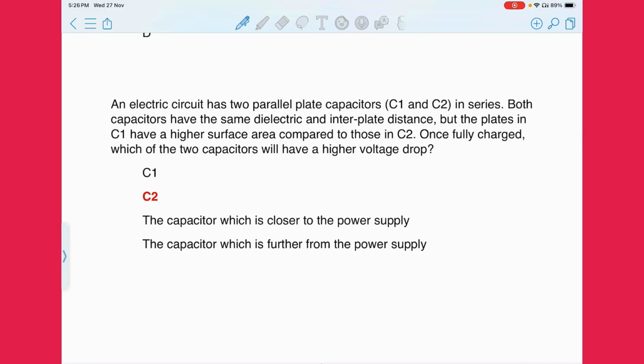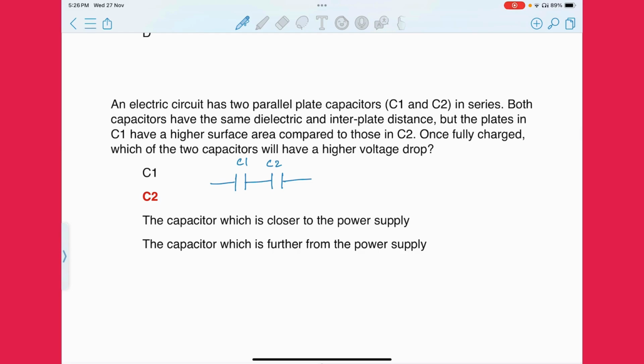An electric circuit has two parallel plate capacitors C1 and C2 in series. Both capacitors have the same dielectric and interplate distance, but the plates in C1 have a higher surface area compared to those in C2. Once fully charged, which one of the two capacitors will have a higher voltage drop? So coming to the question, we have two capacitors C1 and C2.